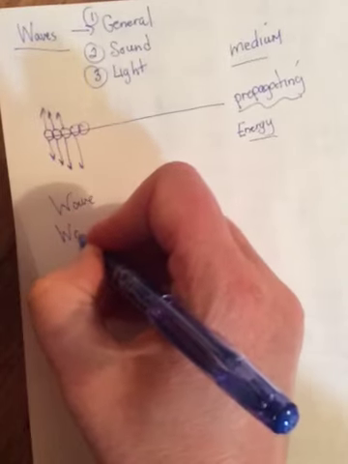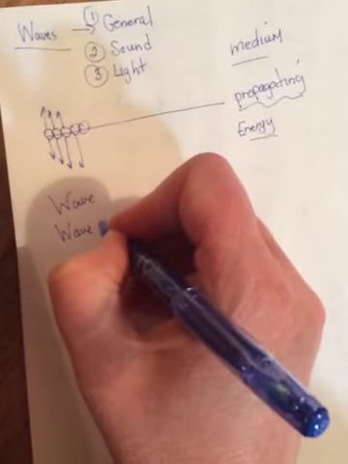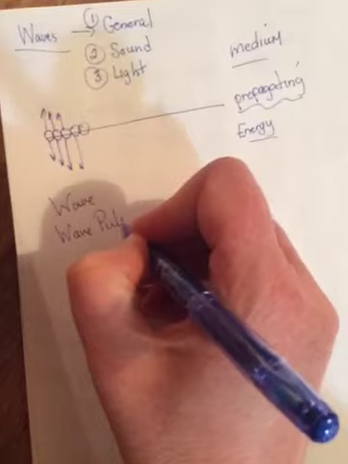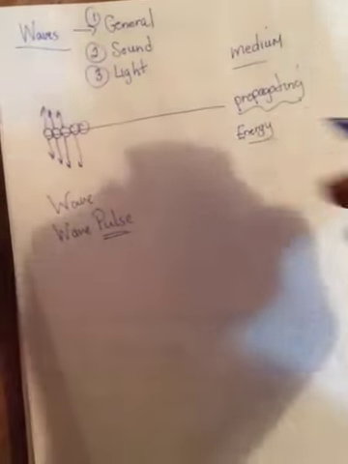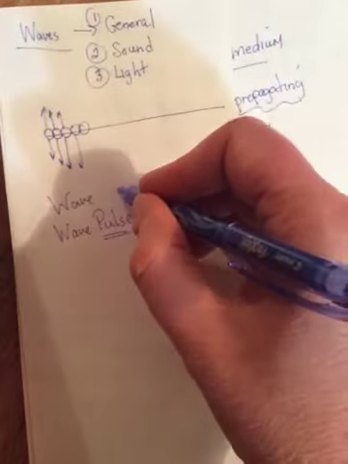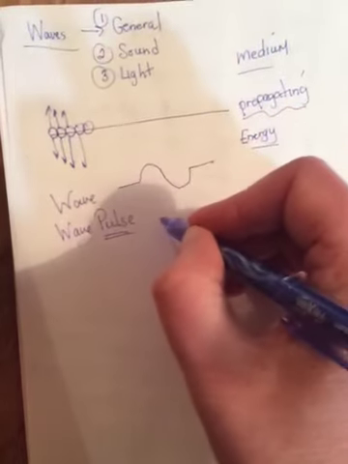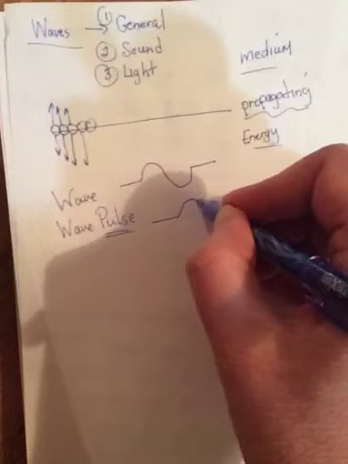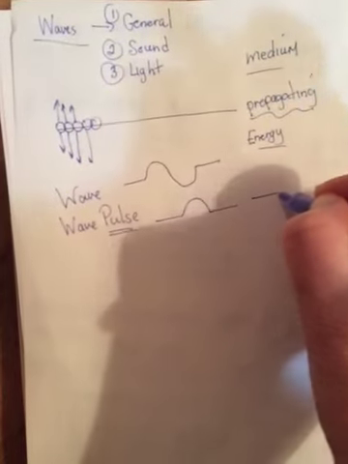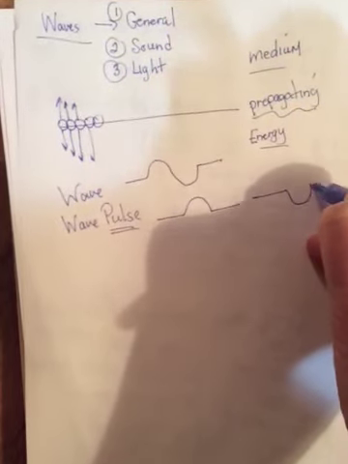You'll often also hear of a wave pulse, or sometimes we just call it a pulse. And so a wave is an up and down, right? A pulse is just one, either an up or a down.